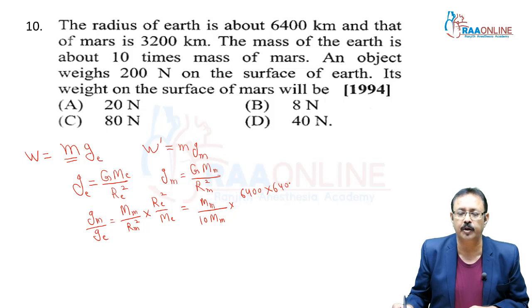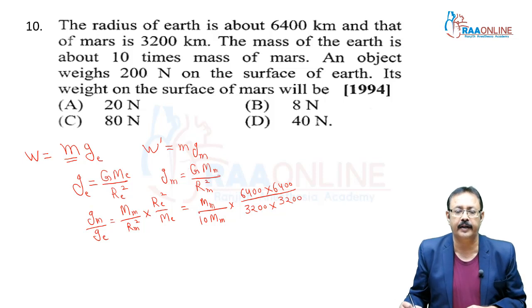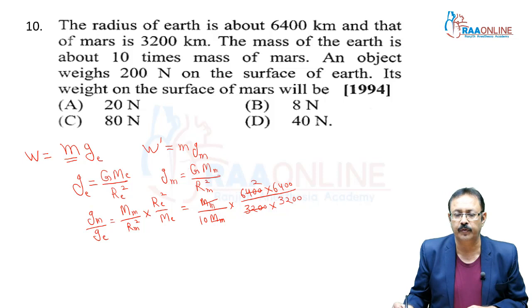Not changing the unit in numerator and denominator, I am putting the same unit, so the unit will cancel out. 3,200 for Mars. So what we are getting, cancel this with this. We will get 2. We will get 2. 4 upon 10 means 1 upon 2.5. It means the value of g is 1 upon 2.5 times the value of g on Earth.